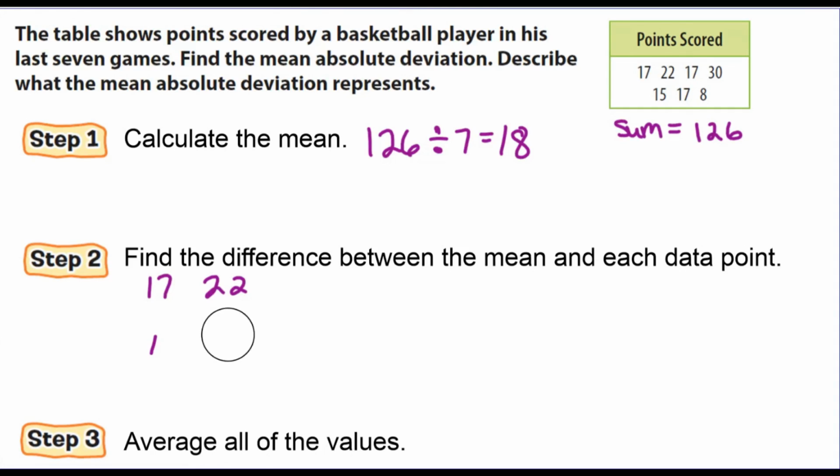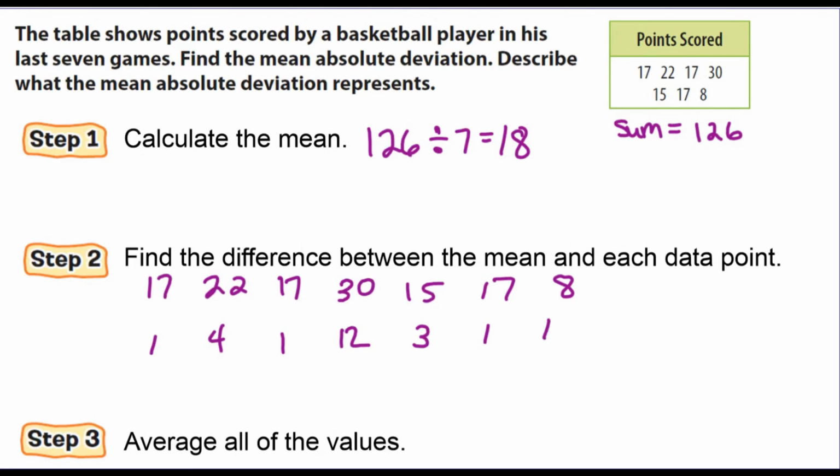The mean is 18. A 17-point game, which is 1 point away from the mean. A 30-point game, which is 12 points away from the mean. A 15-point game, which is 3 points away from the mean. Another 17-point game, which is 1 point away from the mean. And an 8-point game, which is 10 points away from the mean.